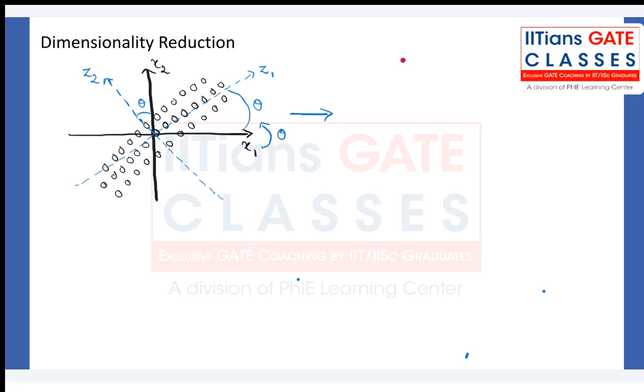So z2 became perpendicular now. That's what the rotation did. This is my new axis z1. This is my new axis z2. And now the data will be like this.